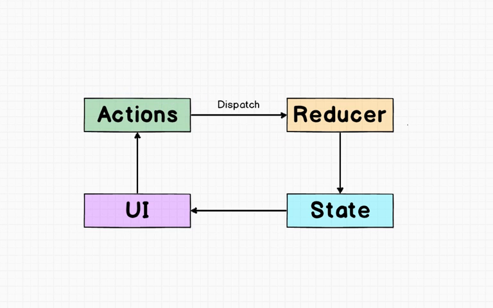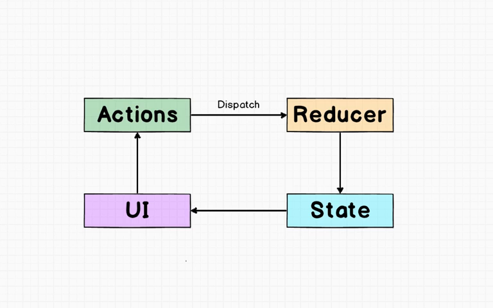They do something depending on the type of the action, and they then return a new state. This new state then gets sent to our UI where it's rendered. The user then makes another request, so we get a new action emitted, which gets sent to our reducer, which creates a new state, which becomes our UI.